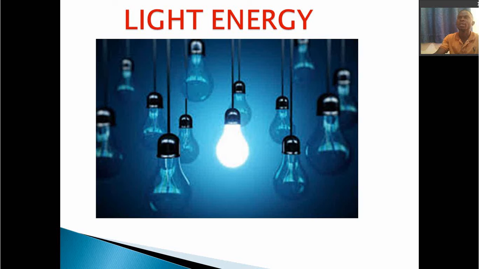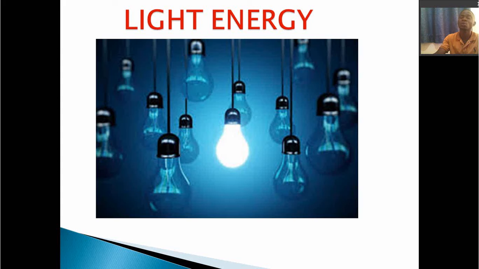We've been looking at light, and in our previous lesson, we defined light and said that light is a form of energy that enables us to see. We also looked at how we can see objects, and we said that we can see objects when they reflect light to our eyes.